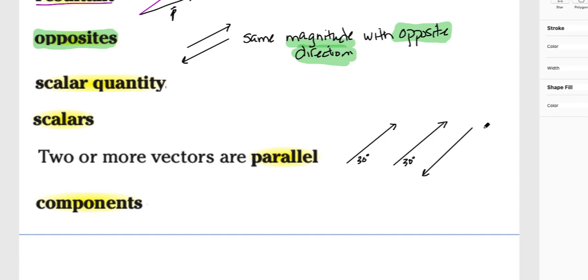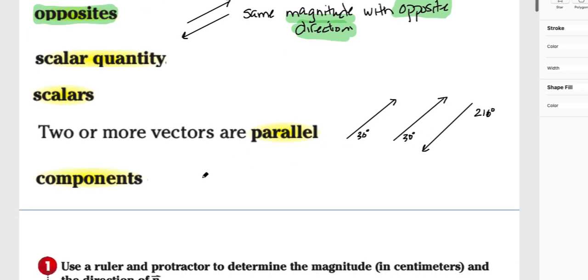Also, if the direction was 180 plus 30, which is 210 degrees, this vector would also be considered parallel.